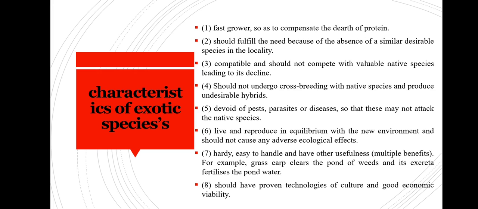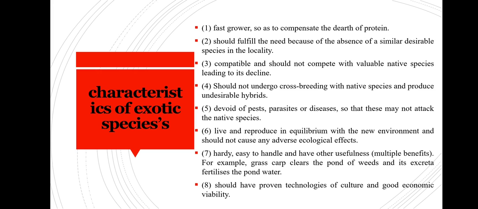The species should be devoid of pests, parasites or disease, so that it may not attack the native species. Exotic fishes should live and reproduce in equilibrium with the new environment and should not cause any adverse ecological effects.